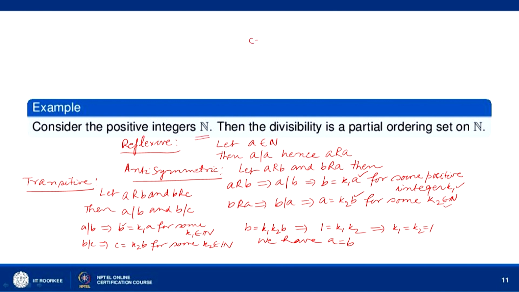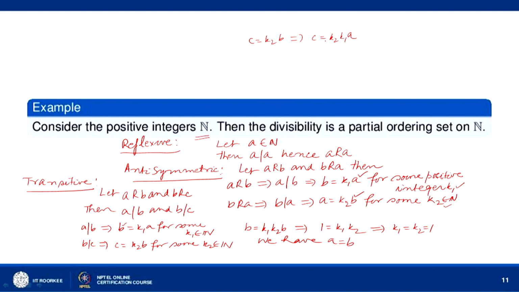So, C equal to K2B gives C equal to K2 into K1 into A. K1 K2 are positive integers. So, K1 into K2 is also a positive integer.